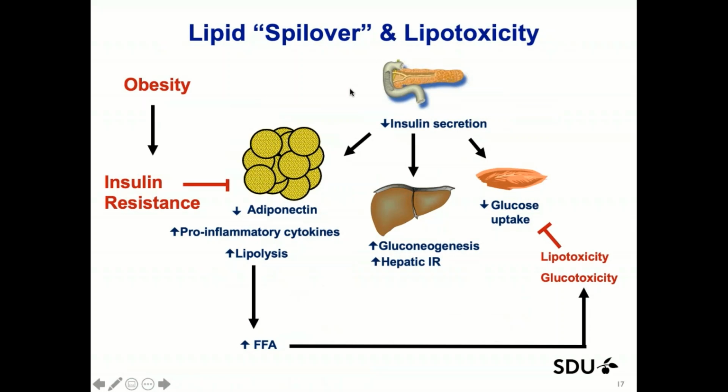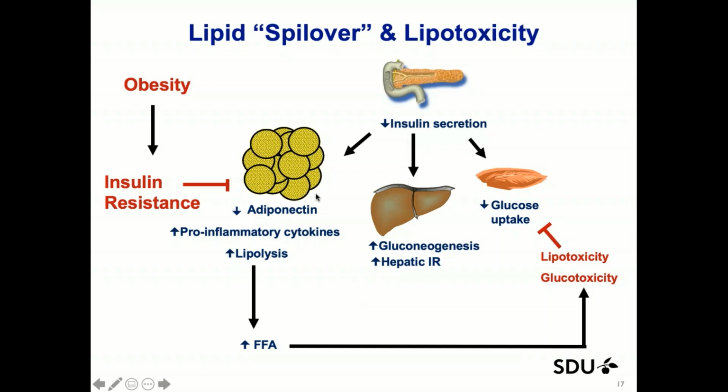So another organ which is also very important is the adipose tissue. The main function of adipose tissue is to store fat or lipids. So when the adipose tissue becomes insulin resistant, you will have an expansion of the adipose tissue via hypertrophic mechanisms, which causes decreased expression and secretion of a molecule called adiponectin.